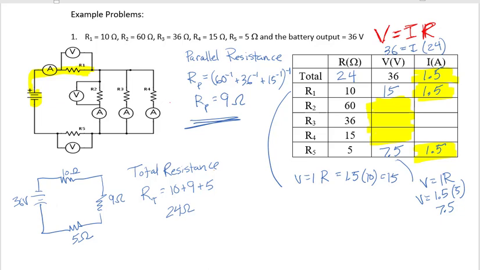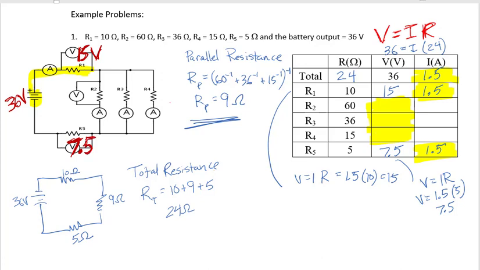Let me write that out here. Lose 15 volts here. And we have 36 volts here. And we know we're going to lose 7.5 volts over here at R5.